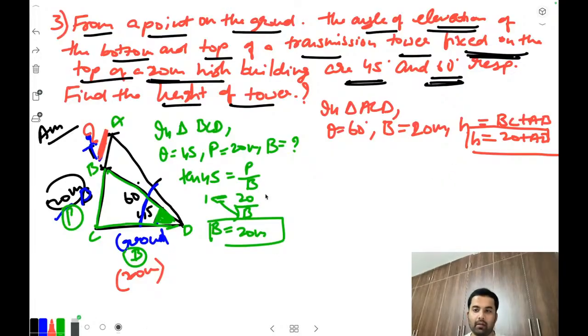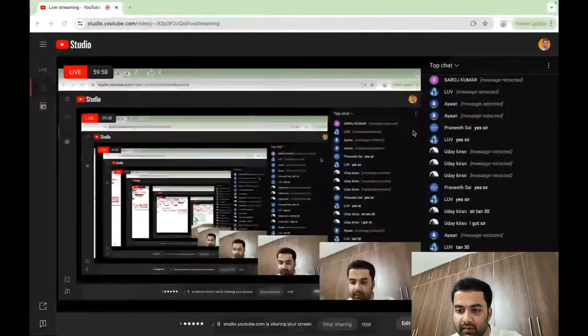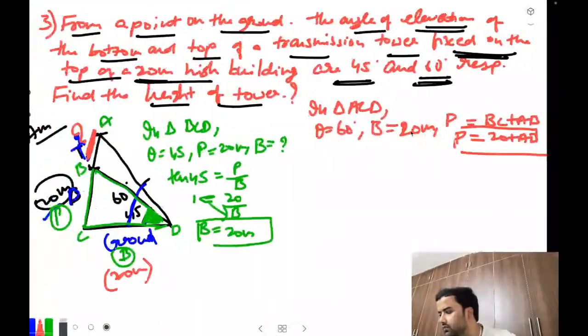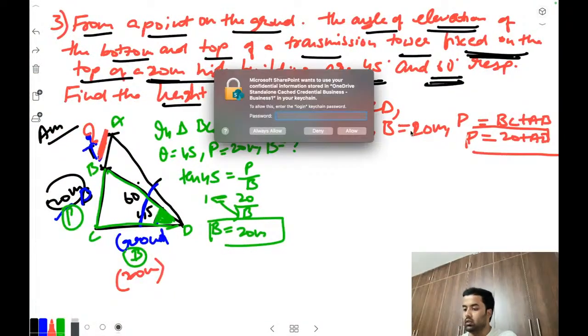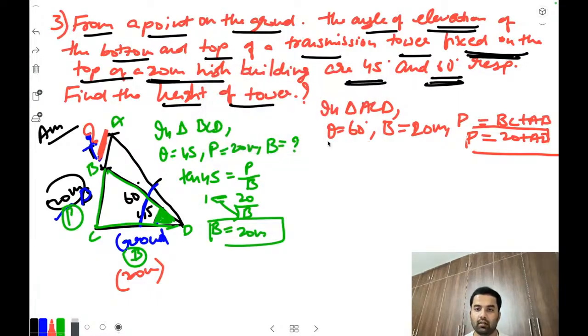Height means like perpendicular. Okay, let me mention that. First, I will check if anybody got the answer or not. Anybody got the answer of this? Ground 20 meter. No, I don't have that answer over there. Let me continue. Tan theta equal to P by B. Now keep all the values.